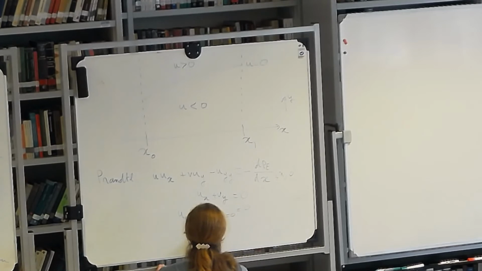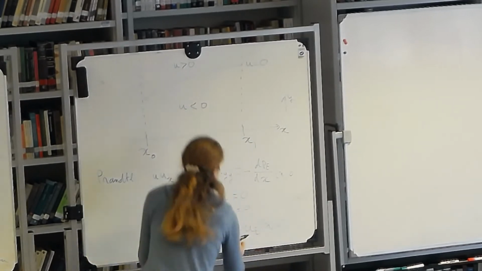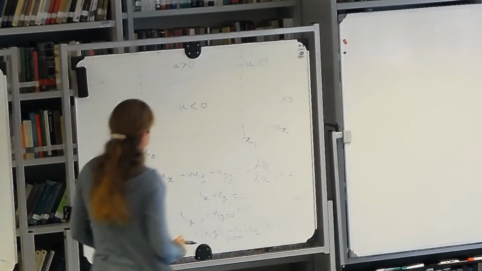And as you go to infinity, you go towards the solution of Euler. Okay, so this is your Prandtl system.